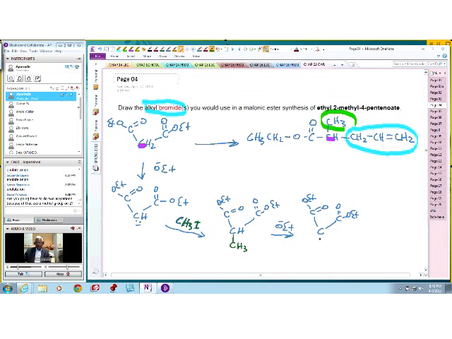Okay, now we have this metal here. Now the enolate anion is here because we removed this proton here. Okay, so now at this point we are going to introduce this other alkylating agent right here.